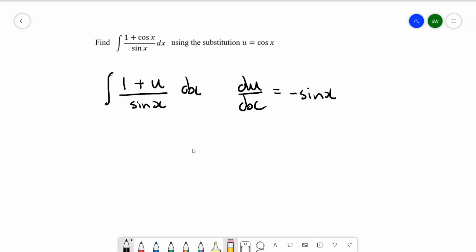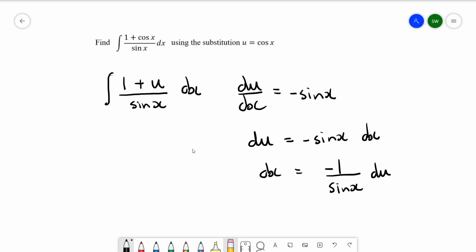So we need to rearrange this to get dx the subject. So du is equal to minus sine x dx. Then we can divide by minus sine x to get dx is equal to minus 1 over sine x du. So we can replace dx with that expression.